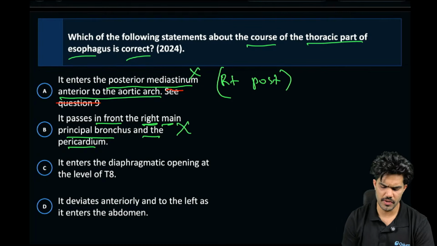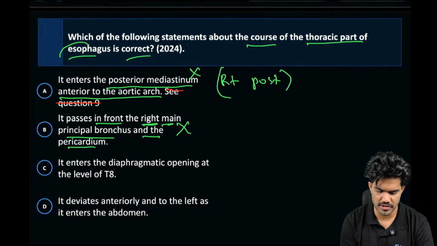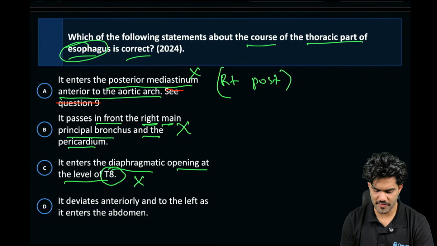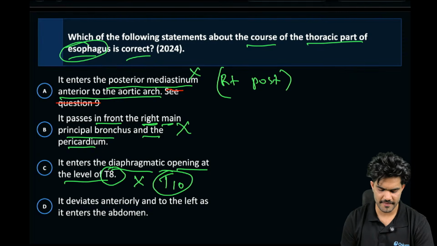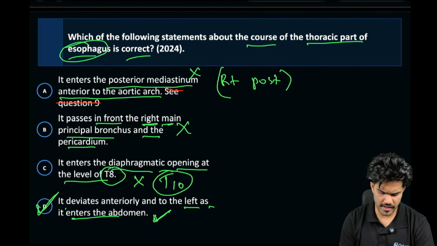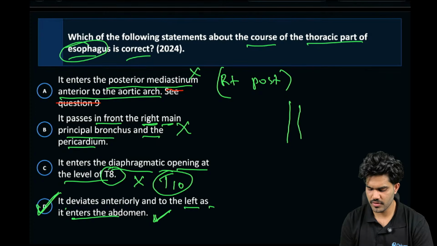No, that's also wrong. In front, for sure no, because we are talking about the esophagus. It enters the diaphragmatic opening at T8? No, the esophageal opening is at T10. It deviates anteriorly to the left as it enters into the abdomen. Yes, so this will be the right answer, while the esophagus course goes to the left in the lower part and becomes the stomach.